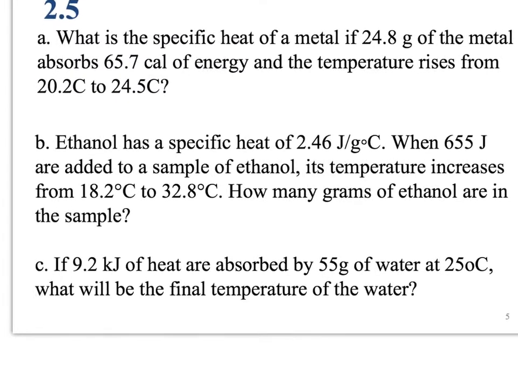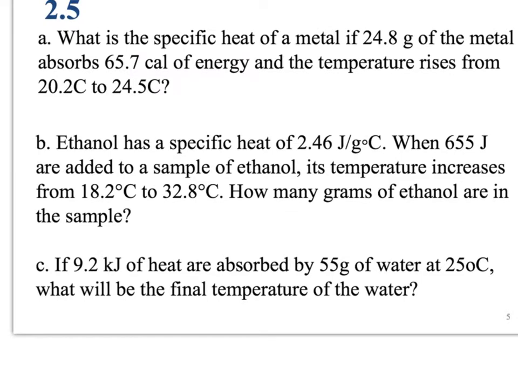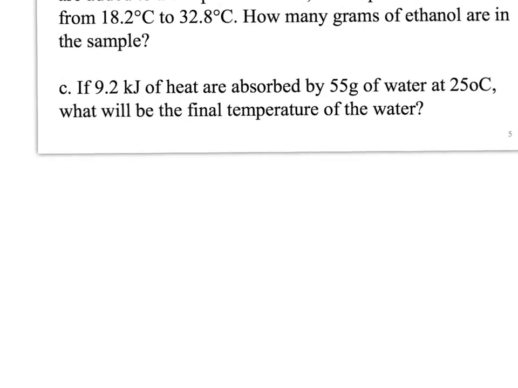What is the specific heat of a metal that is 24.8 grams and is absorbing this many calories of energy when the temperature goes from this to this? So the first thing that we can do is calculate delta T. It's going to be the final temperature minus the initial.